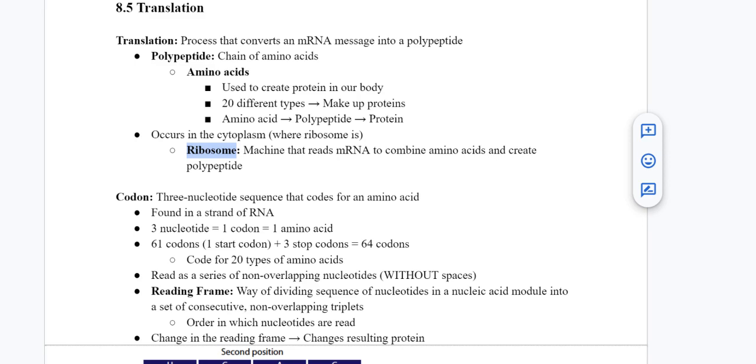So essentially, it's a car factory. It combines different parts of the car and produces cars, right? So the same thing here. Ribosome is a factory. It combines amino acids together and it produces protein. The product from the ribosome is protein.